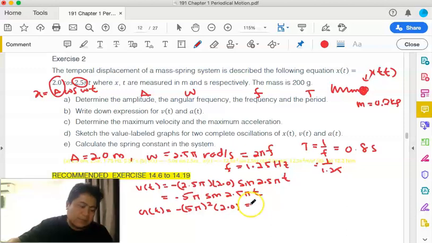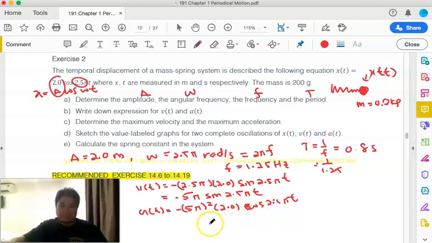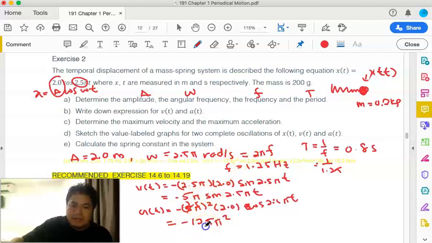So this is a cos 2.5 pi t. How much should you get? You should get about negative 12.5 pi squared cos 2.5 pi t.